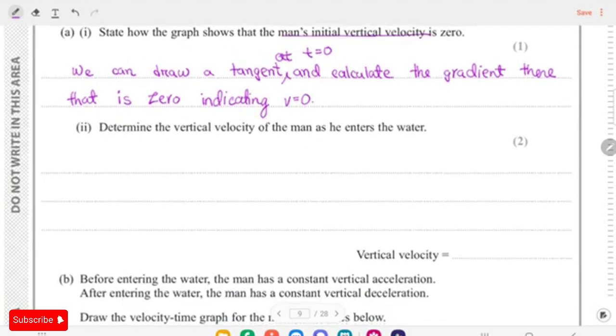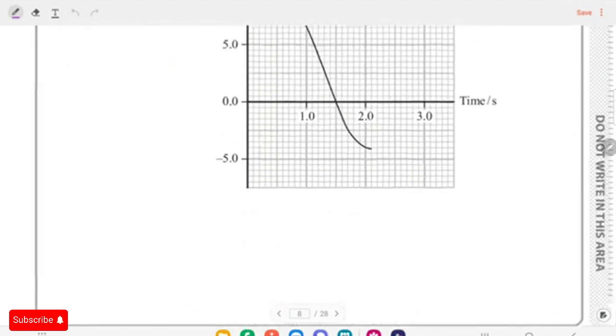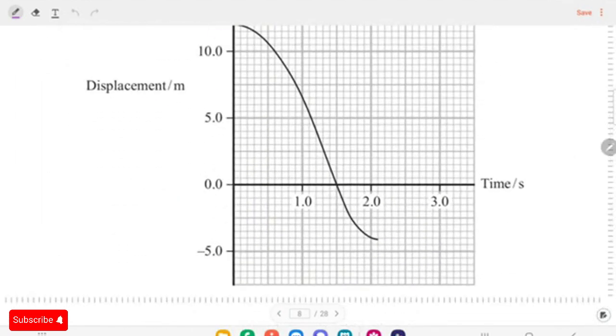Okay, so determine the vertical velocity of the man as he enters the water. If I move on to this page, at 1.5 we can see the man enters the water. You can draw a tangent over here because you can clearly see this is not entirely a straight line. So I would suggest drawing a tangent, or you can just focus on this part of the graph. I'll highlight the section.